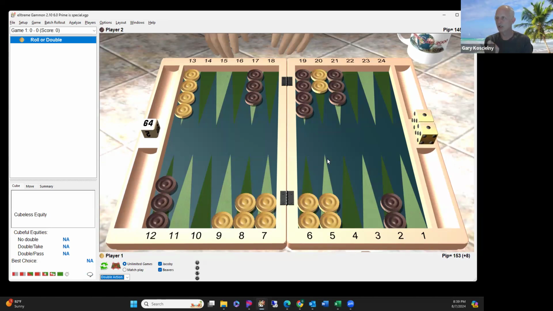So he talks a little bit about it. He doesn't provide a lot of examples, but he wants to call priming a defined game plan. So he wants a defined game plan.